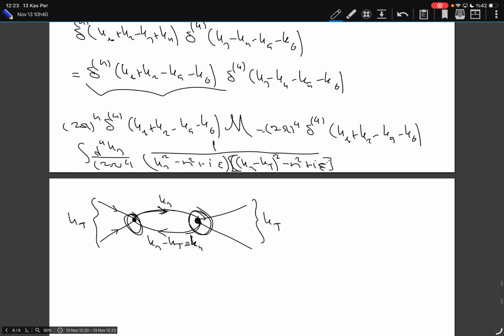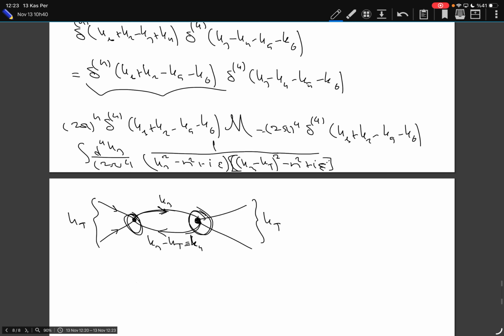So I integrate over k3. There are these two so-called momentum space propagators, for this line and also for this line, one having momentum k3, the other one having momentum k3 minus kT. I just multiply the momentum space propagators and integrate over all momenta that are not fixed by energy momentum conservation, and that is our invariant matrix element.